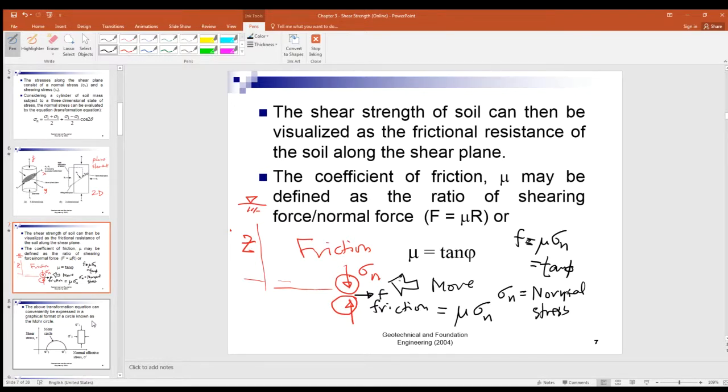The greater the normal stress passing these two layers, the bigger the friction force you have to overcome. So that is the friction of the soil particles, and the friction could be represented by an important characteristic, tangent phi. Phi is the angle of internal friction. Okay, we'll come to that later.